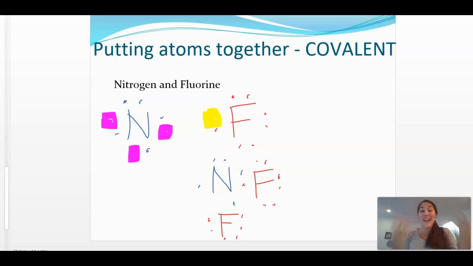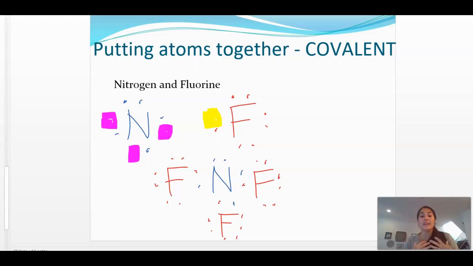Now there's another empty space on the nitrogen, so a fluorine has to come in again, right here, with its unpaired electron, and the rest of it was full. This is what happens when nitrogen and fluorine come together. It takes 1 nitrogen and 3 fluorines to make that formula.